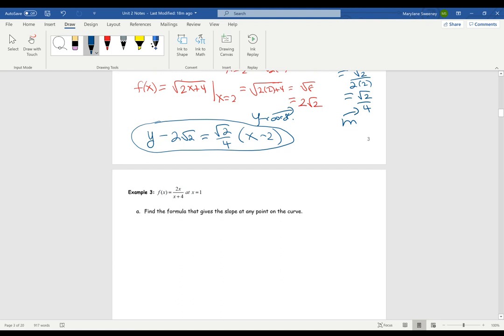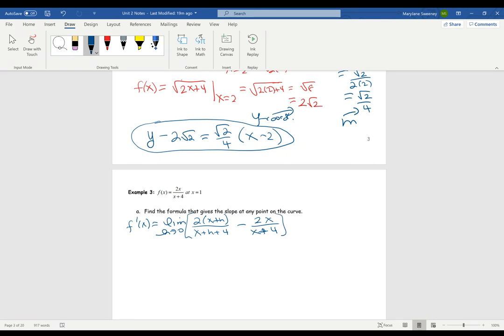Okay, one more we're going to look at is a fraction. So f prime of x equals the limit as h approaches 0 of f of x plus h minus f of x, all, actually, we normally do all over h.